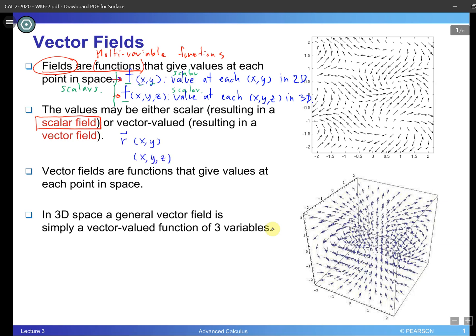We are going to assign a vector as well. Let's put a meaning to it. It's going to be a vector that is assigned to each location in the space, at each xy in 2D. Vector at each location in the space.